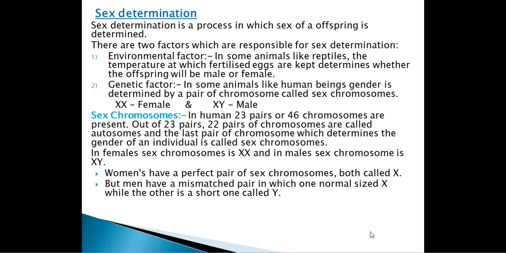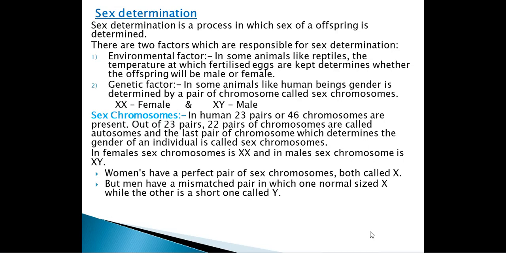Next, we have read about sex determination. There are two factors which are responsible for sex determination: environmental factors and genetic factors. Over there, sex determination in humans is most important. In humans, 23 pairs of chromosomes are there. Out of 23 pairs, 22 pairs are called autosomes, and one pair is called sex chromosomes.